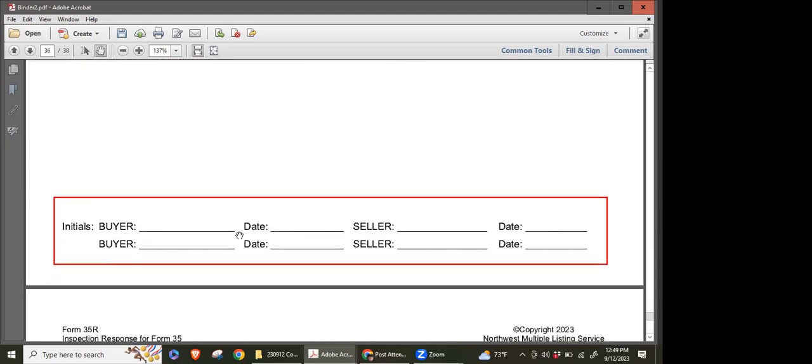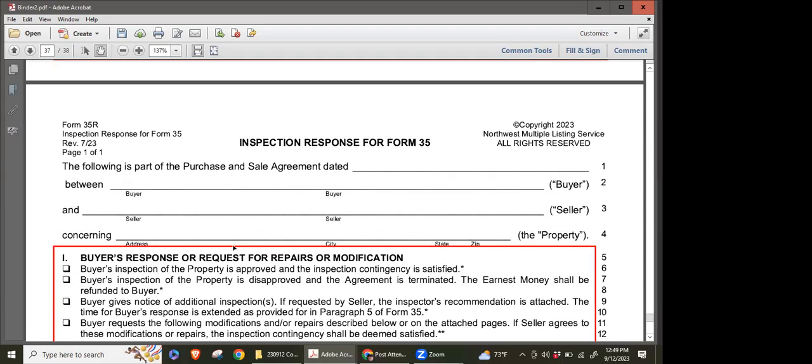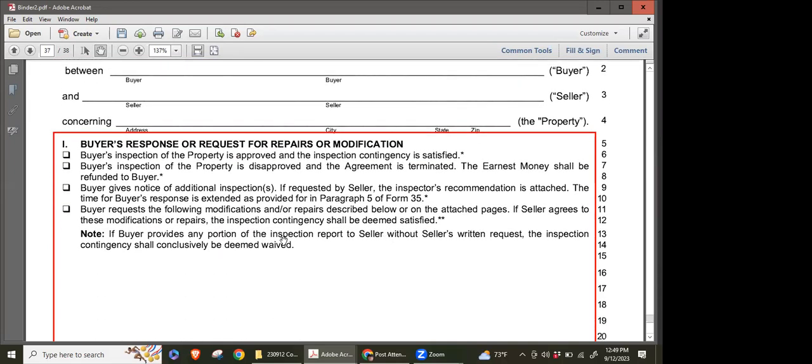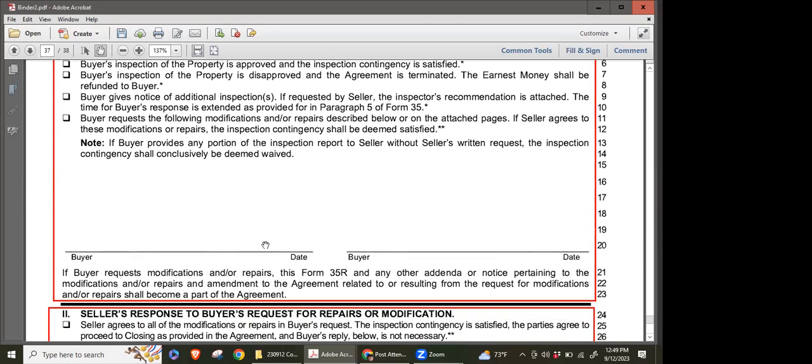Okay, and then I check for that. 35R, inspection forms. Those I do by parts.